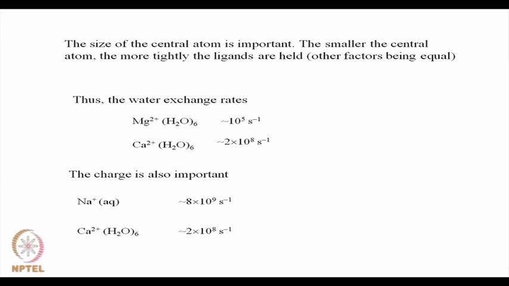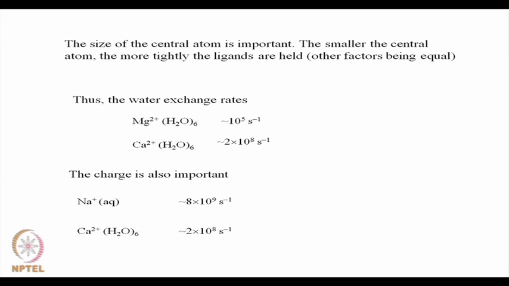Okay. So, for hydrated sodium plus the charge is plus 1, and for calcium 2 plus the charge is 2 plus. The rate for hydrated sodium is 8 into 10 to the power 9 per second, but for calcium 2 plus it is 2 into 10 to the power 8, much less compared to sodium plus.